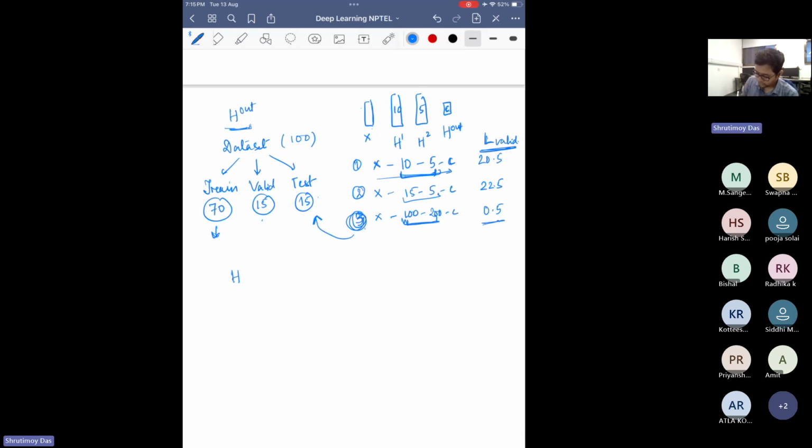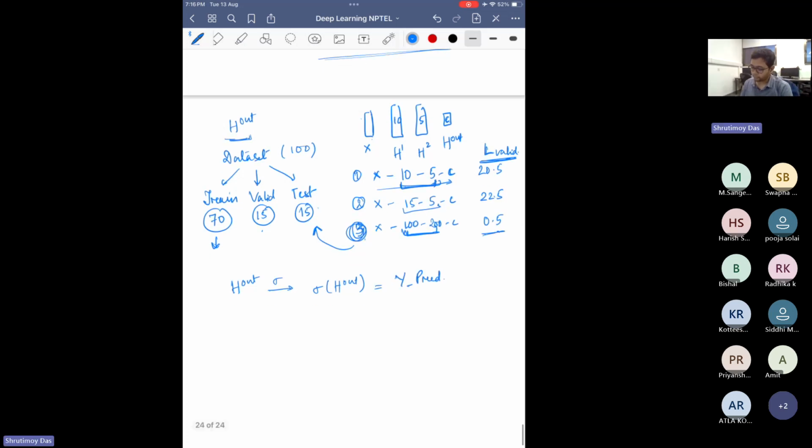In the last layer, I have H out. Suppose I am talking about multi-class classification. I apply softmax on H out, and then I get the output layer, say Y pred.